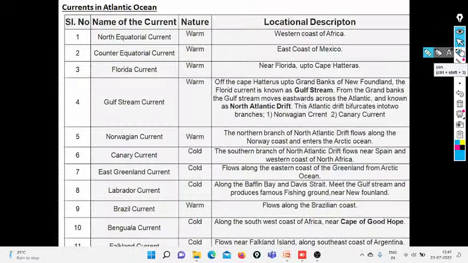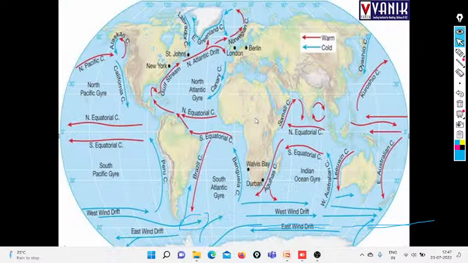It is a cold current along the southwest coast of Africa, near the Cape of Good Hope. This is the southernmost tip, the Cape of Good Hope.